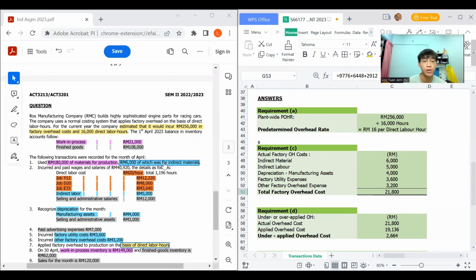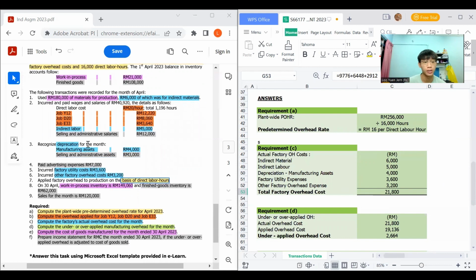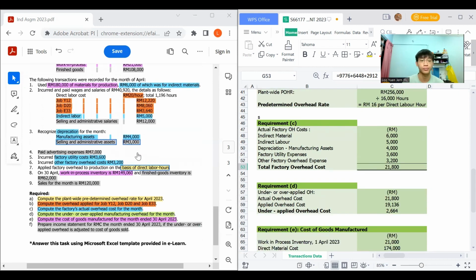Indirect materials is 6,000, indirect labor is 5,000, depreciation of manufacturing assets is 4,000, factory utility cost is 3,600, and other factory overhead cost is 3,200. So we find the total factory overhead cost is 21,800 by adding all of the overhead costs.